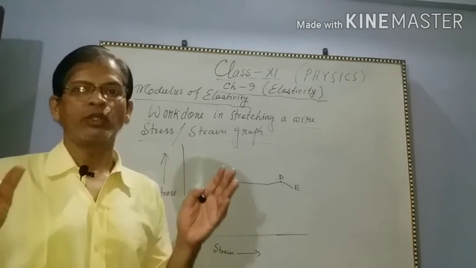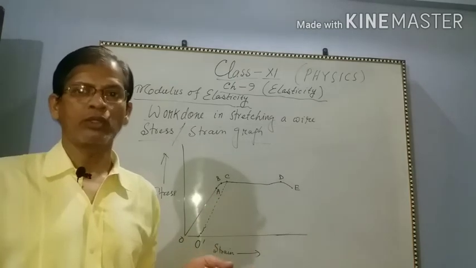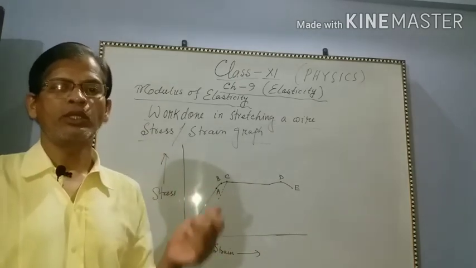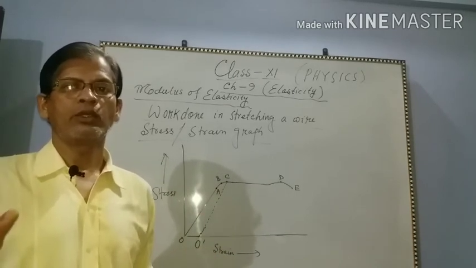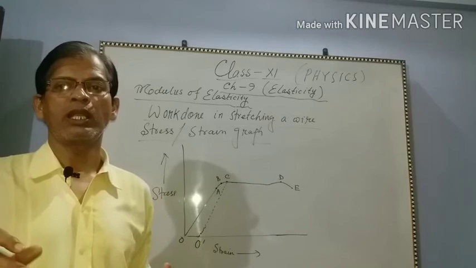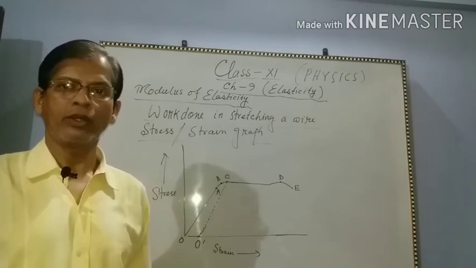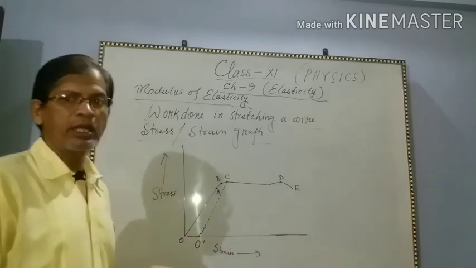That means if the load is taken out, if the wire is totally unloaded, it will still not get back its original shape and size or length. Okay, this is the stress versus strain graph.